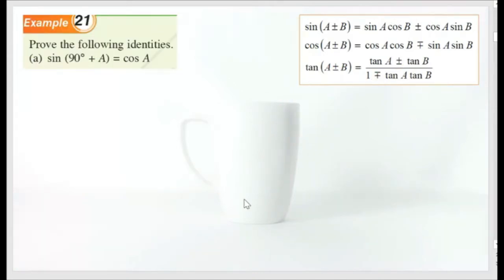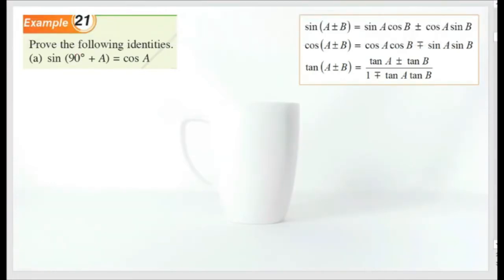Okay, we go to the next question, example 21. Proving. Prove the following identities by using the addition formula. For proving, we have to prove either from left hand side to right hand side, or right hand side to left hand side, or half.